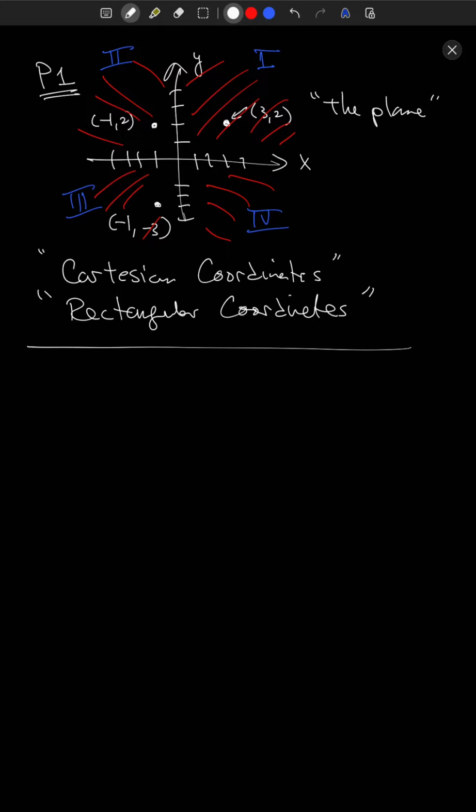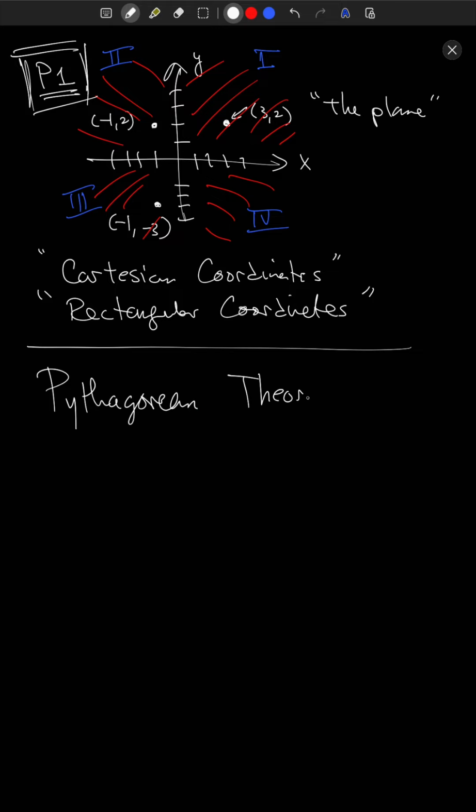Okay, so let's start with our core theorem, which is the Pythagorean theorem. What we're going to do in this class is we're going to have a lot of formulas, a lot of properties and theorems, and pretty much all of them eventually can be traced back to the Pythagorean theorem.